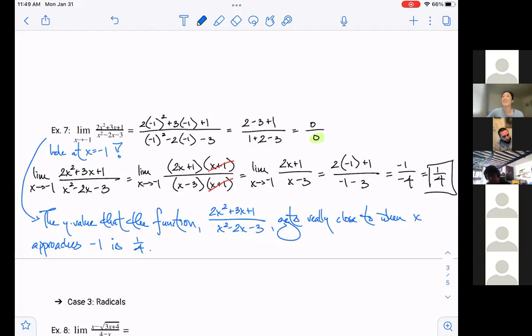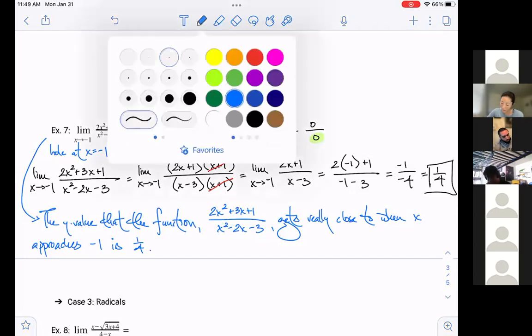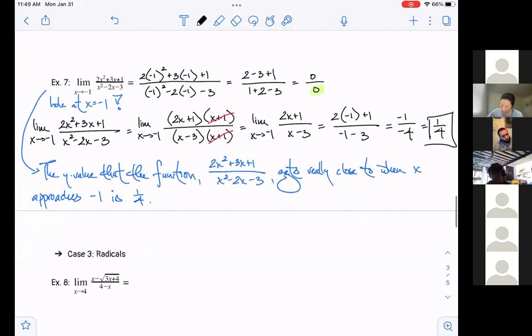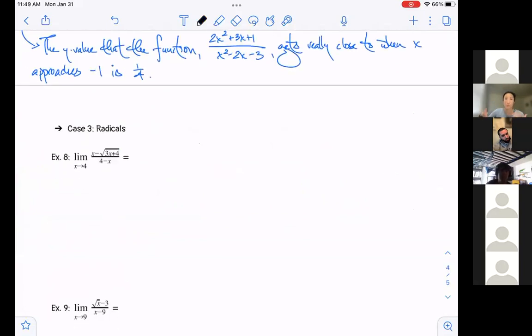All right. So looks like we've got about 10 minutes left, and I'd love to do at least one of these examples right here. Okay, so let's take a look at another sort of case.